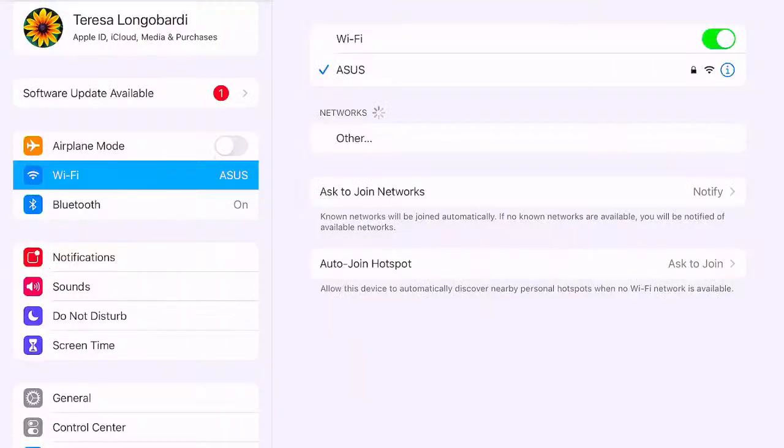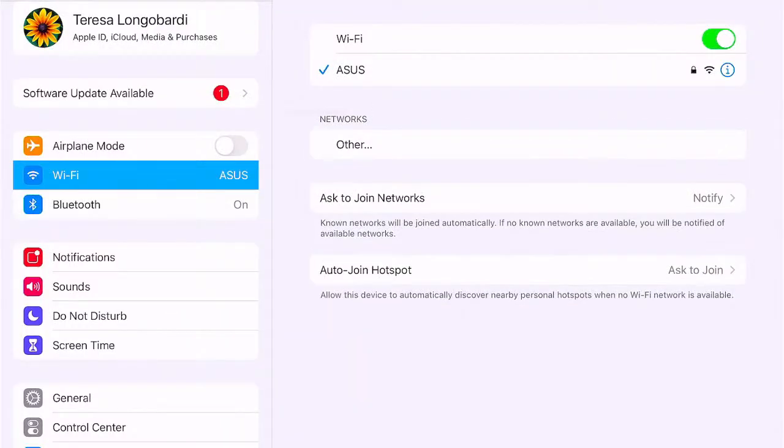I think it broke again. I don't know what's going on. Okay, it should be there.